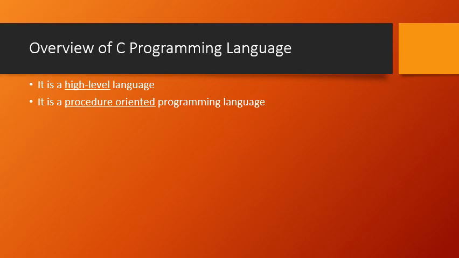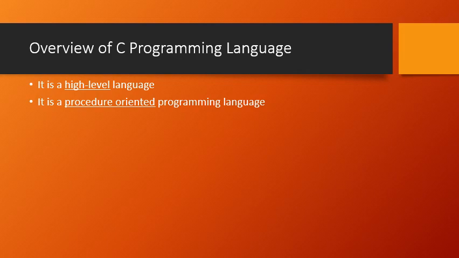So what do we mean by procedure? In simple terms, procedure means that if we wish to perform some action or some particular work, we might be doing certain tasks. A set of tasks in order to perform one particular work can be called a procedure.